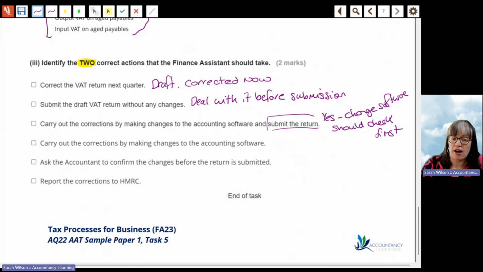The next one, carry out the corrections by making changes to the accounting software. So yeah, we need to carry out those corrections. We need to change the accounting software so it doesn't happen again. It's not repeated.